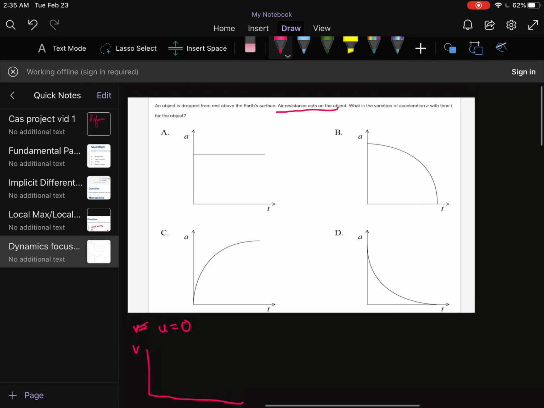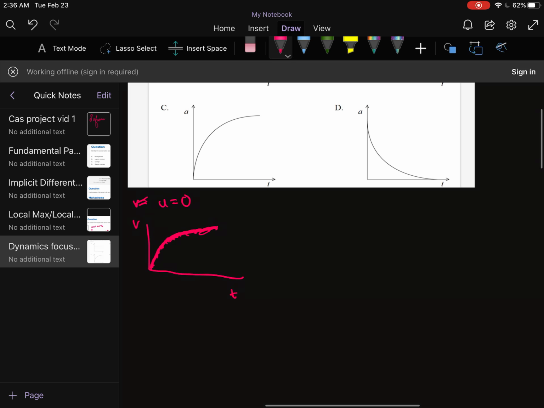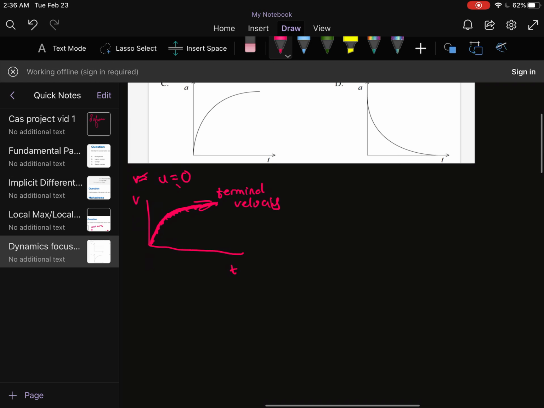So this is the terminal velocity. It's dropped from rest. So as soon as you drop it, you'll have a very steep rate of change in velocity, but once air resistance begins to act more increasingly on the object, it's starting to plateau. And then it approaches terminal velocity.